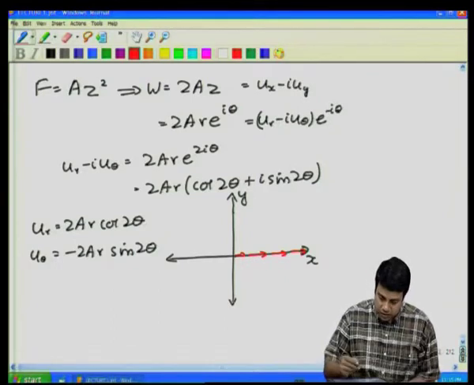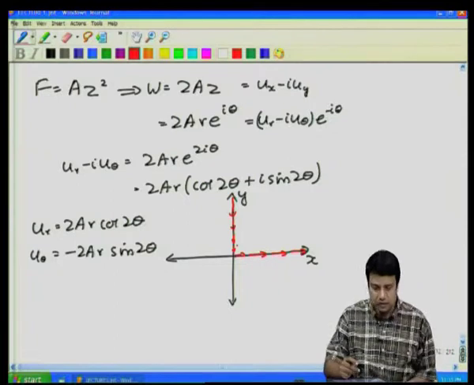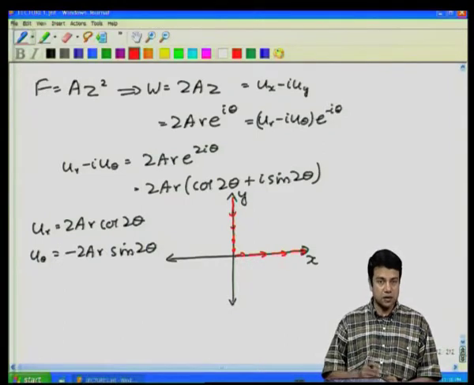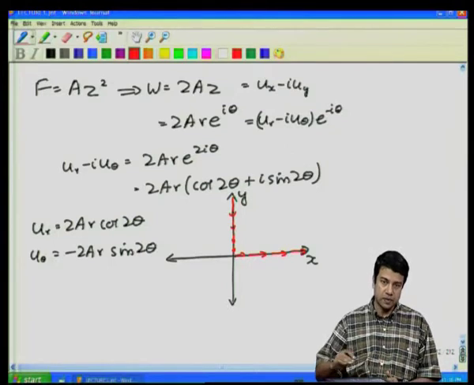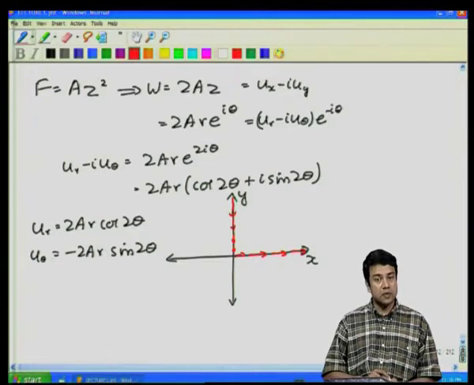Once again the magnitude is decreasing as you come in. The magnitude of the velocity is still proportional to r, however it is coming inwards. It is coming towards the origin along the y axis, and going away from the origin along the x axis. What about in between?